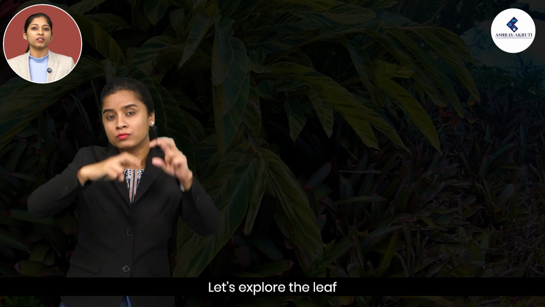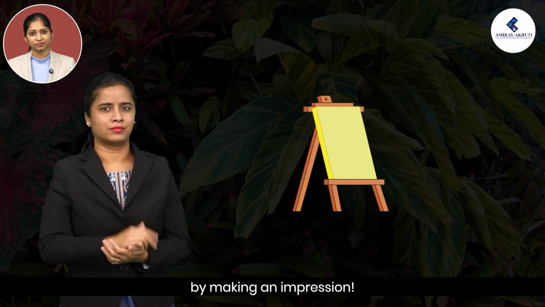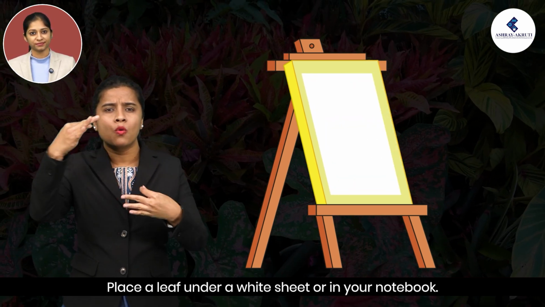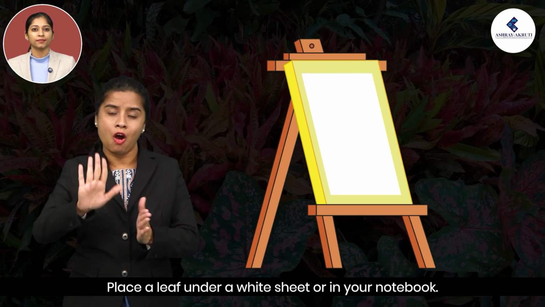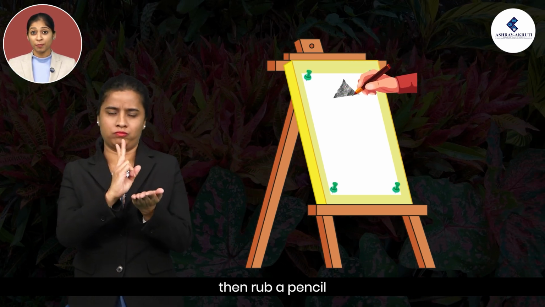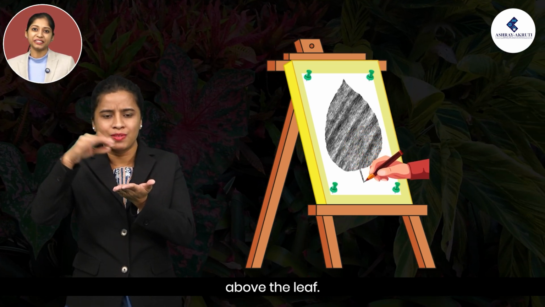Let's explore the leaf by making an impression. Place the leaf under a white sheet or in your notebook. Hold it steady. Then rub a pencil sideways over the paper above the leaf.